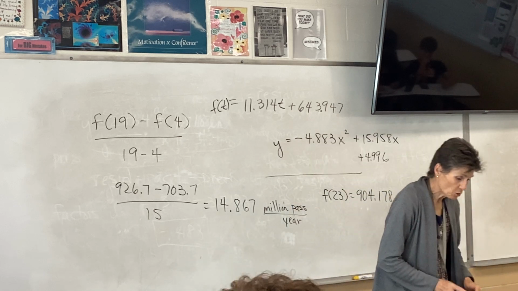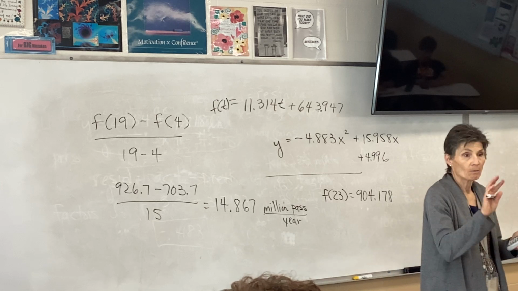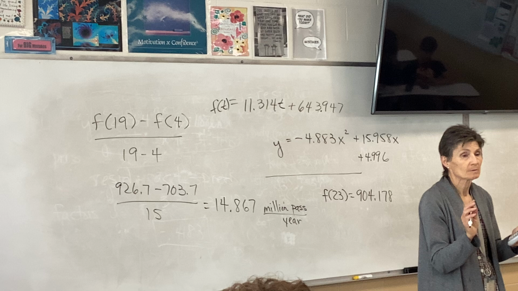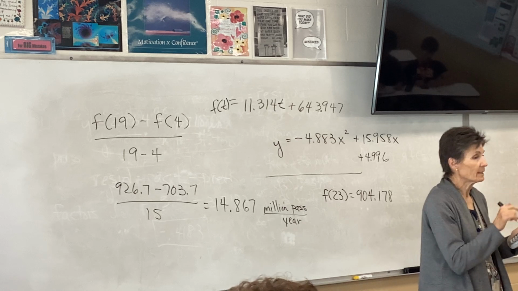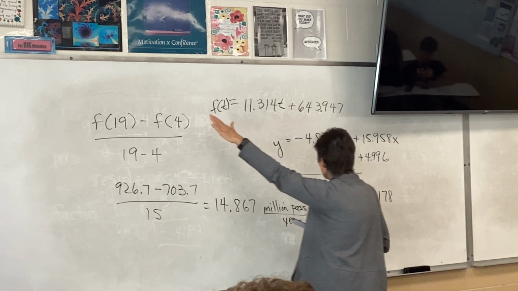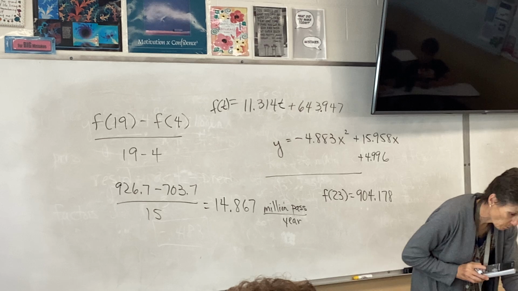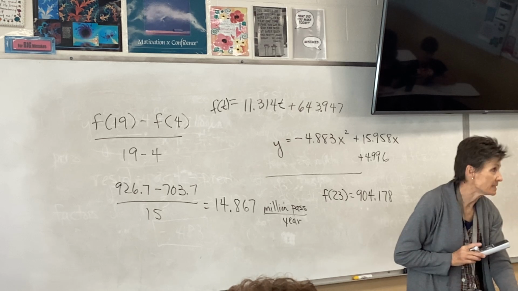What is the residual for F of 16? Now, before you start panicking, could you calculate it by hand? Absolutely, you could calculate it by hand. I erased my formula, but how do you find the residual? You take the actual data point, which for 2016 is 824.